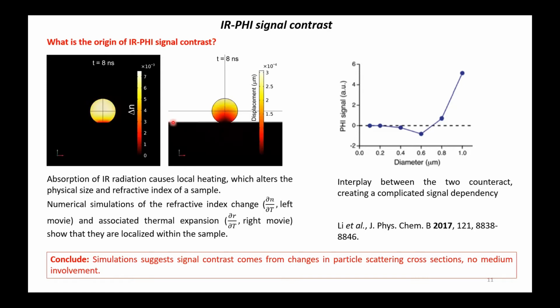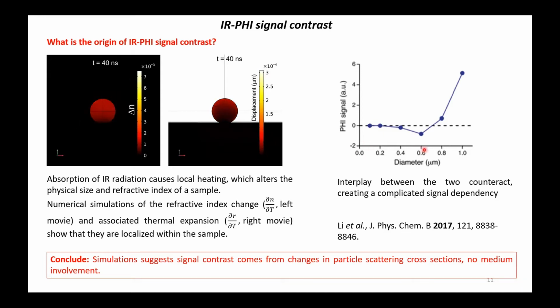So there is no contribution from the substrate or from air, which is basically the surrounding medium here. This absorption causes two effects: thermal expansion, which increases the scattering cross-section, and as a consequence of thermal expansion, the refractive index decreases a little bit because of the thermo-optic coefficient. And these effects actually counteract each other.